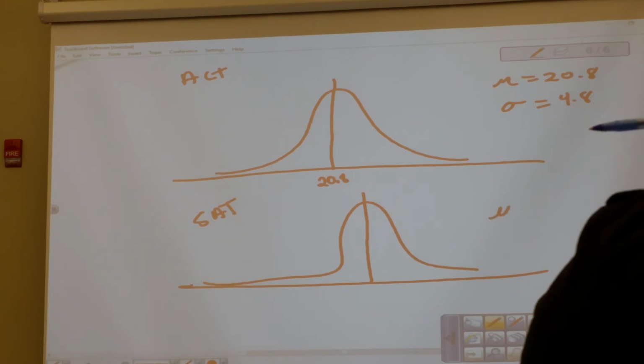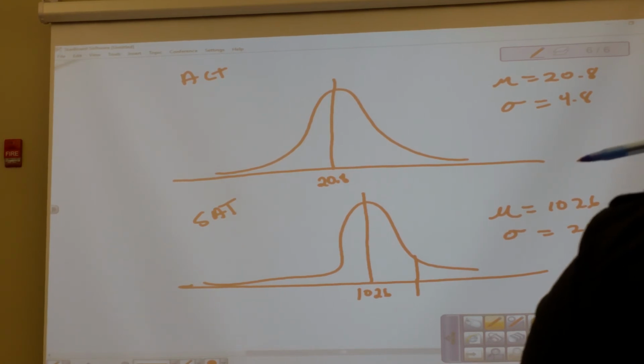Down here, the mean was 1026, and the standard deviation was 209. So if I looked at that, here's the 1026. One standard deviation out here would be what? 1235.